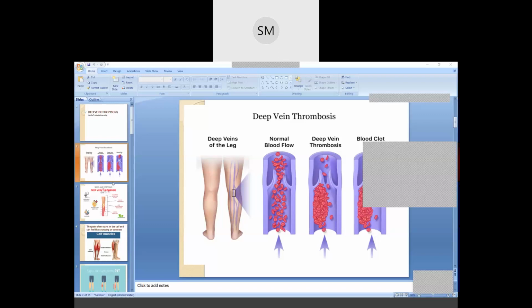Can you tell me some more? No, no, symptoms of pulmonary embolism, not the general one, that DVT. Not that one. Sudden shortness of breath. Okay.